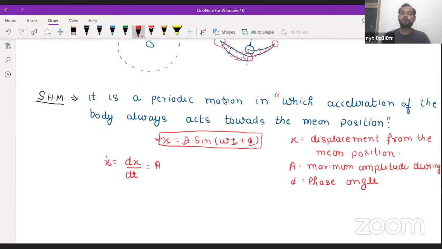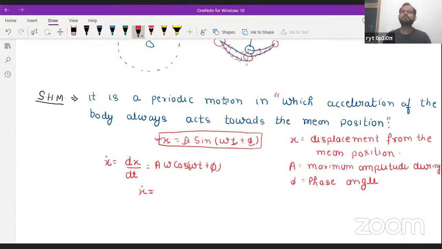What is the differentiation of sine omega t plus phi? It is cos omega t plus phi. And the differentiation of omega t gives omega outside. This is nothing but the velocity during SHM.